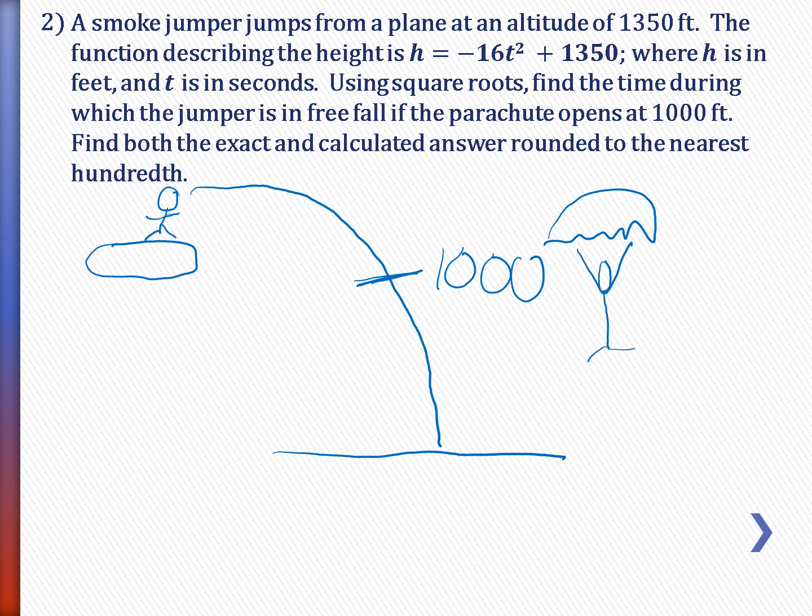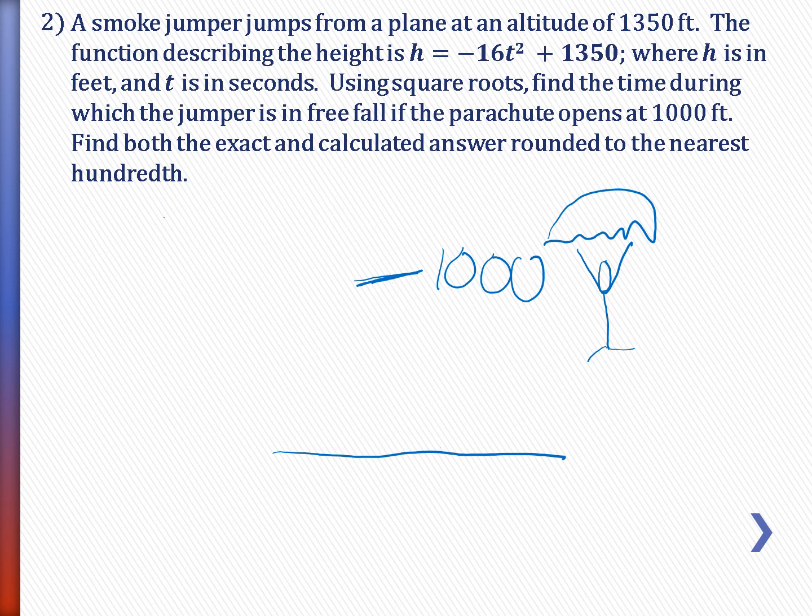But from the time he jumps from the plane to 1,000 feet, he's in free fall, meaning there's no chute, there's nothing. He is just free falling through the air. So they want to know the time that elapses from there to there.